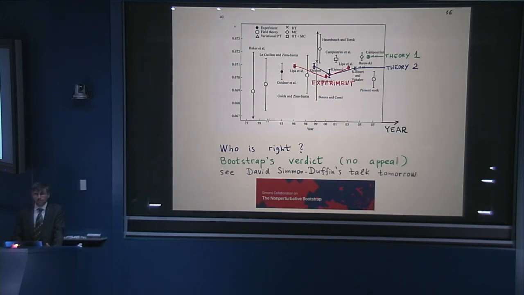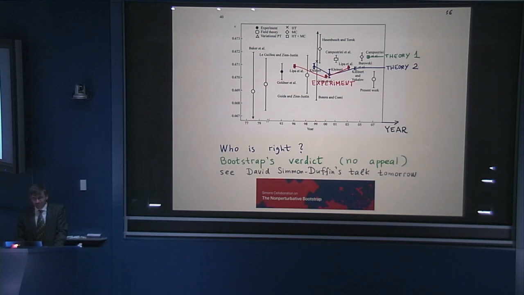You don't have to manipulate any divergent series, which we often have to do in physics. Everything is completely kosher. So if one Bootstrap group obtains some result and then another one obtains a result, the error bars can only shrink. The result cannot jump. So the results are rigorous.